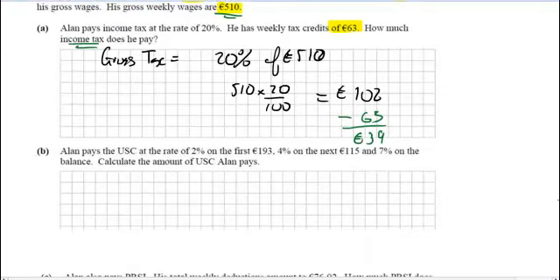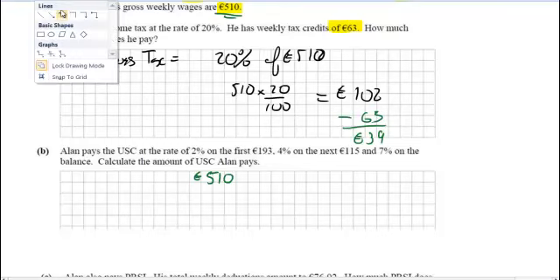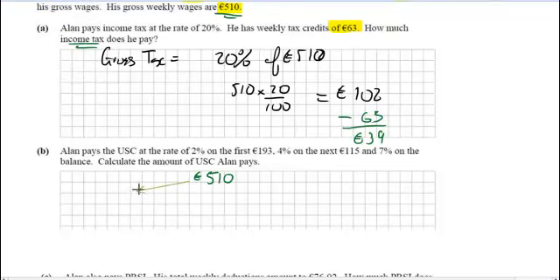Adam pays universal social charge at a rate of 2% of the first 193, then the next 115 at 4%, and 7% on the balance. Calculate the universal social charge Adam pays. Well, we take the 510 and we split it into 3 bundles. First the first 193, then the next 115, and then the bit that's over that.